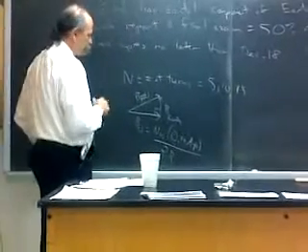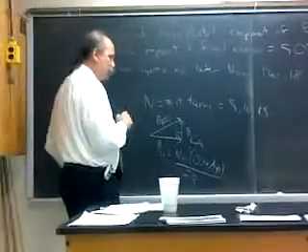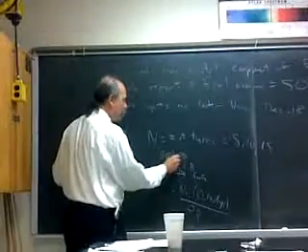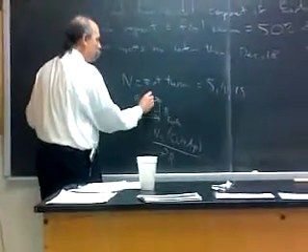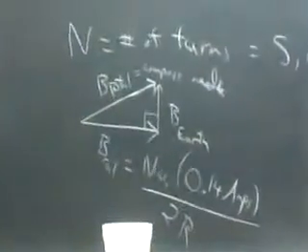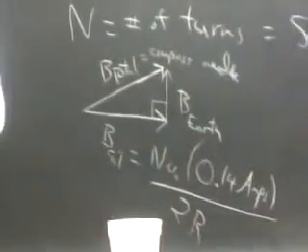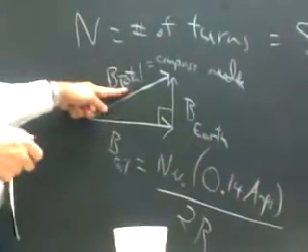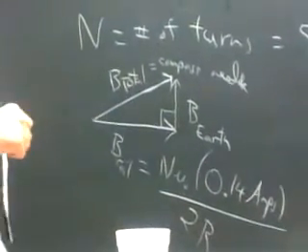Okay. So the angle now that we're measuring, the total magnetic field, this is the compass needle here. So B total is the compass needle, because the compass needle doesn't know anything other than the total magnetic field.